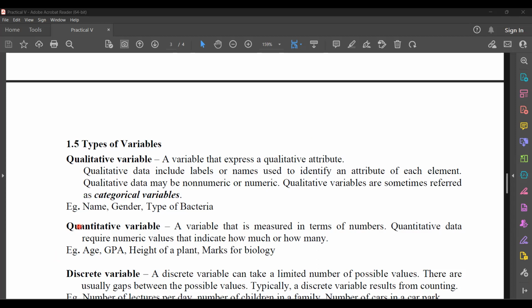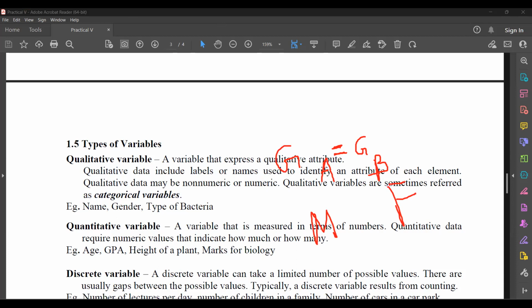If we consider certain mathematical operators, let's say you have two individuals, A and B, and you want to compare the gender of A and B. Can you compare whether the gender of A is equal to the gender of B? For example, A is a male and B is a female.